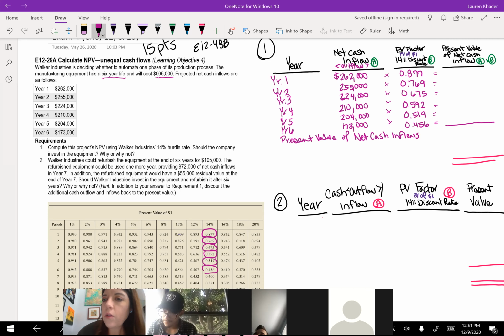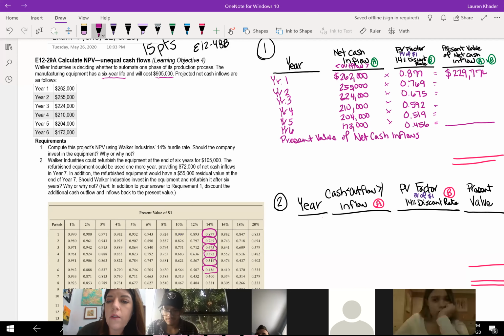So for year 1, 262 times 0.877, that 262,000 we'll receive at the end of year one is worth what today? 229,774. Yep, 229,774.